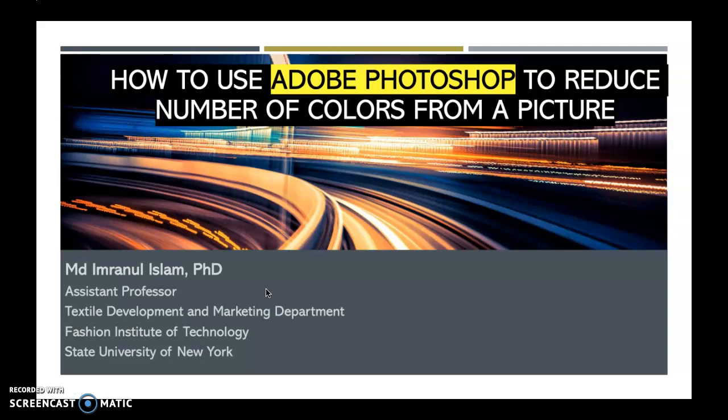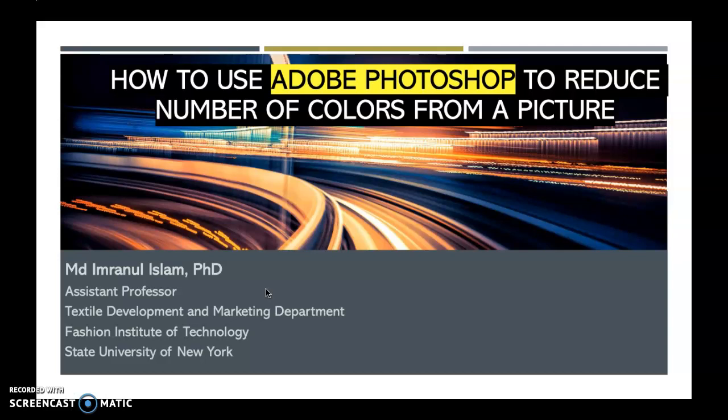Last week I uploaded a video on how to use free GIMP software to reduce the number of colors from a picture. You have to go through fewer steps to do that in GIMP.